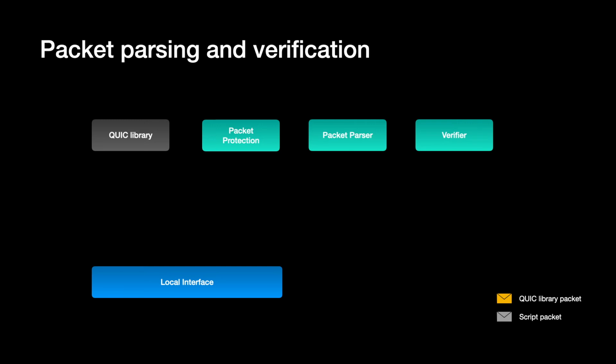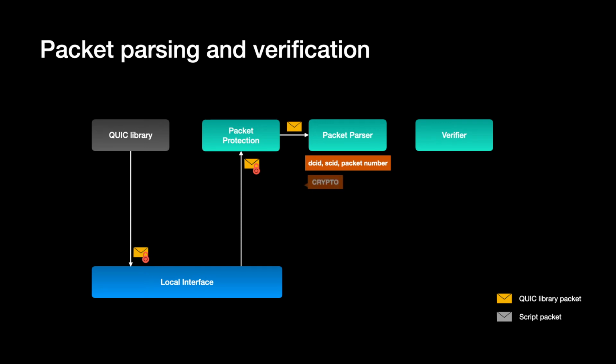When the QUIC library sends out a packet, it is first received by the packet protection module, which removes the header and the packet protection, and passes the decrypted packet to the parser. The parser then parses the packet into the respective header fields such as DCID, SCID, packet number, and the list of frames with their respective frame fields.